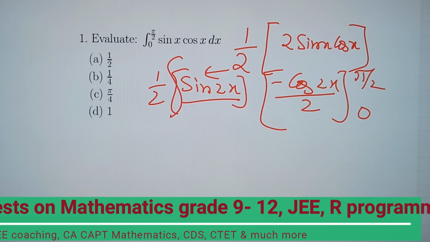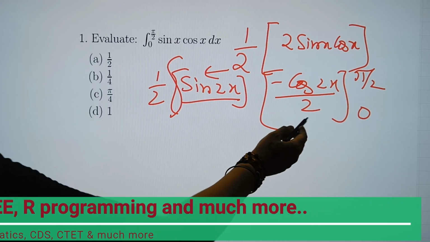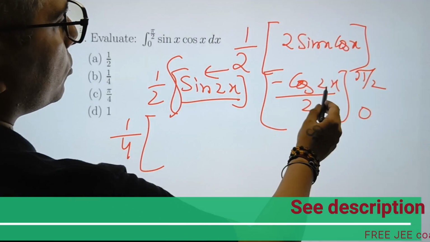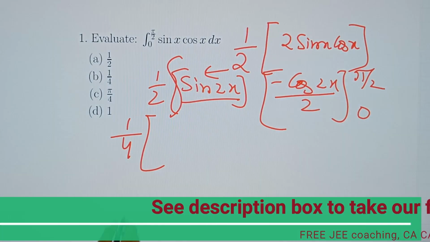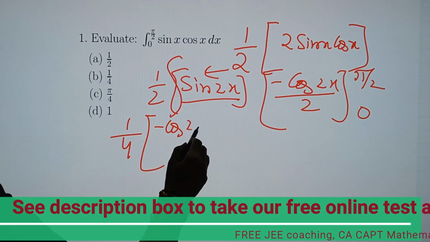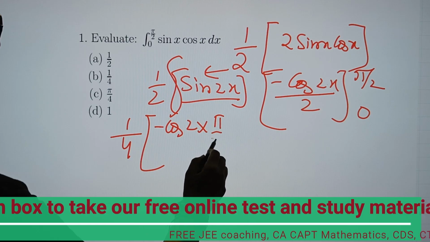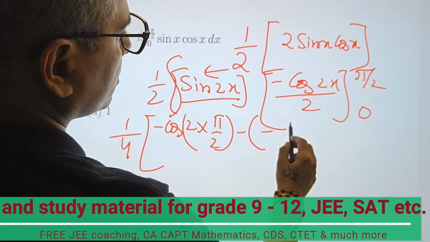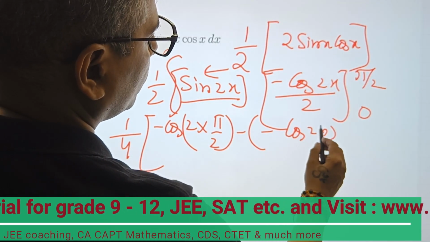Very simple. Now we can simply take the 2 common, which will give you 1 by 4. Now minus cos 2 into upper limit, that is pi by 2, and minus of minus cos 2 into 0.